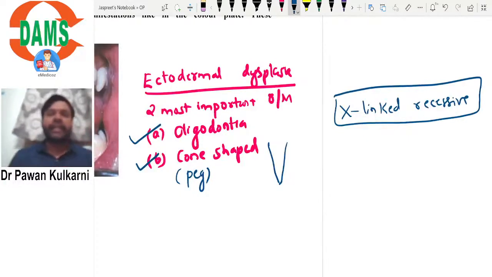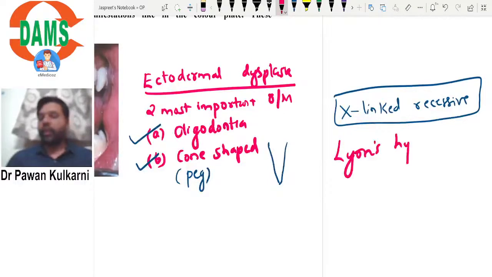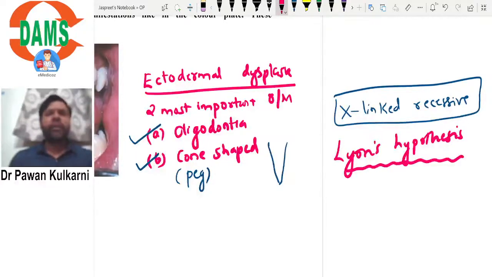Any kind of X-linked recessive disorder usually follows something called Lyon's hypothesis. Okay, this is a very important concept you have to understand. What is Lyon's hypothesis?